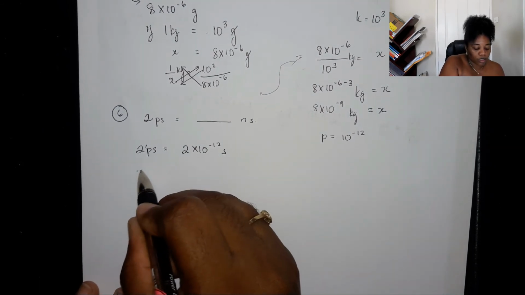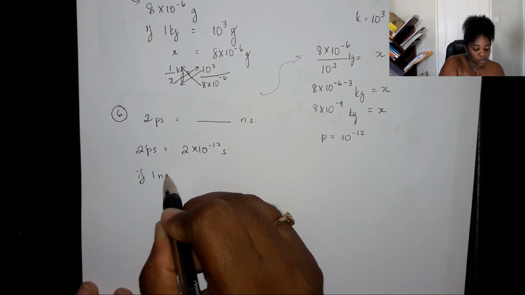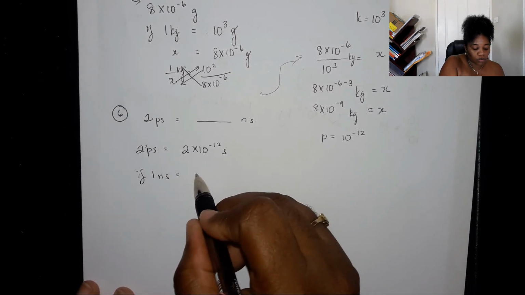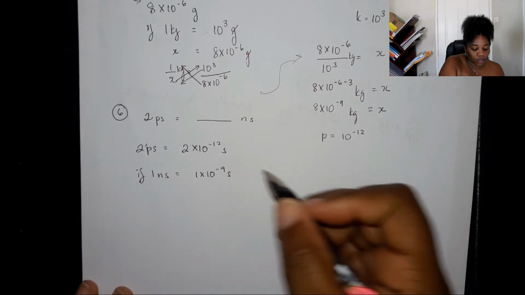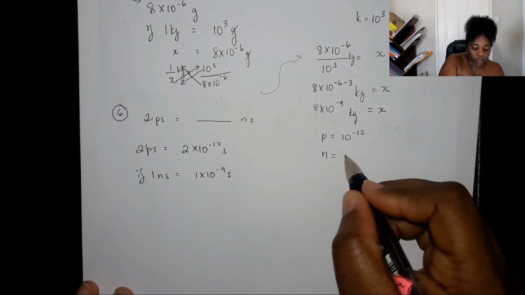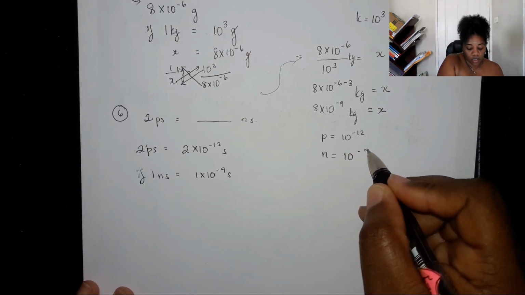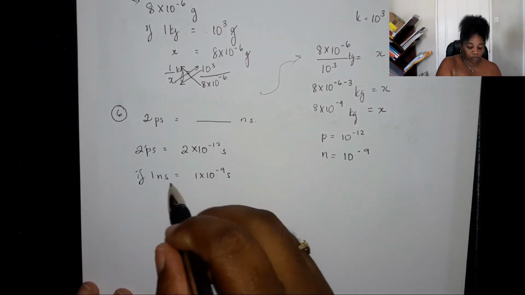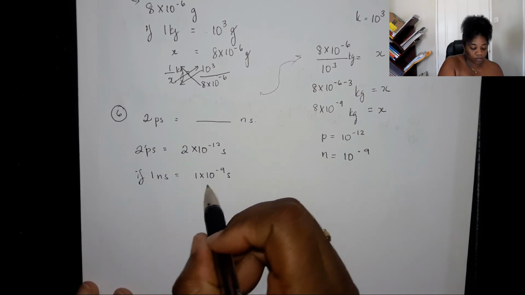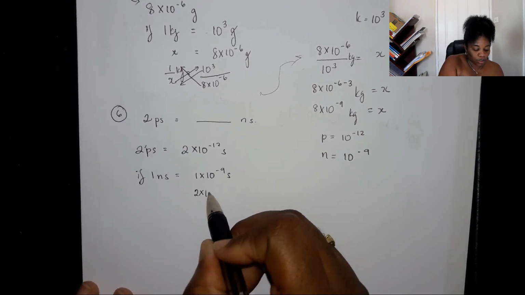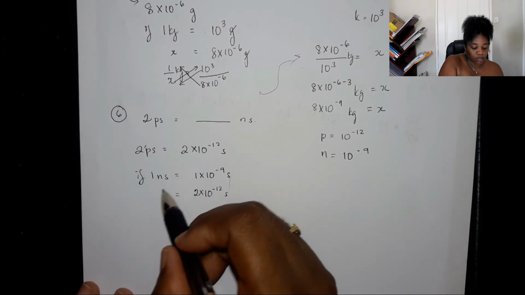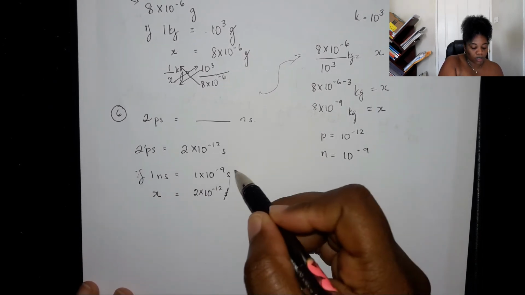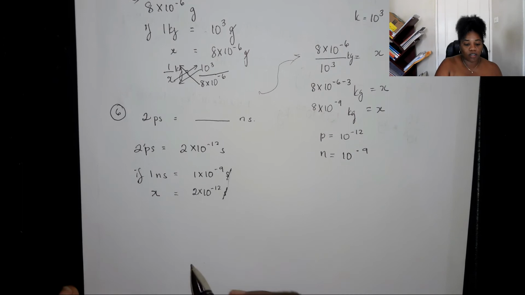And then we're going to say if 1 nanosecond is equal to 1 times 10 to the minus 9 seconds, because remember a nano is equal to 10 to the minus 9, then we just put the 2 times 10 to the minus 12 seconds on the side that it matches. And you put x. The seconds are going to cancel out.